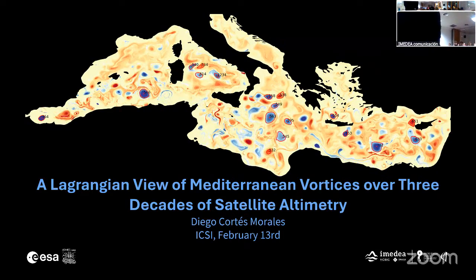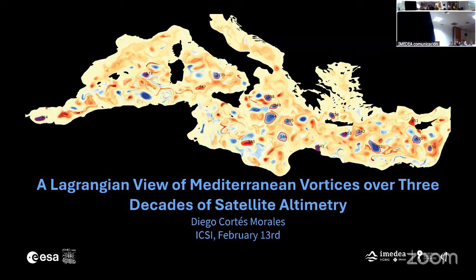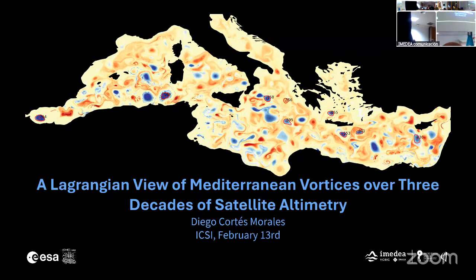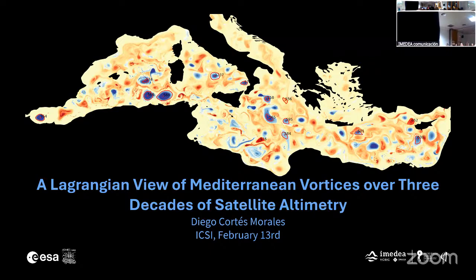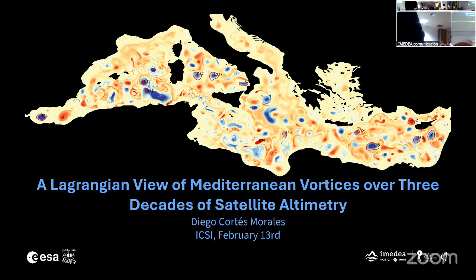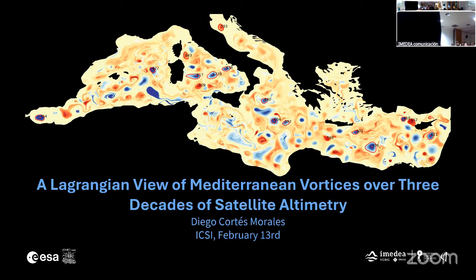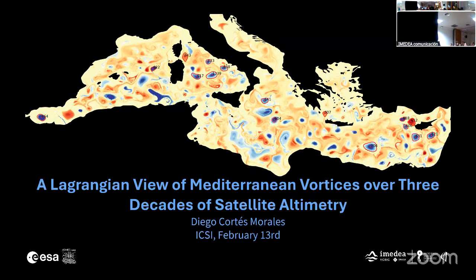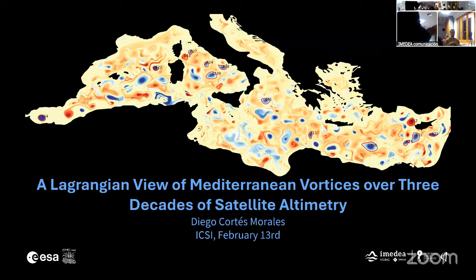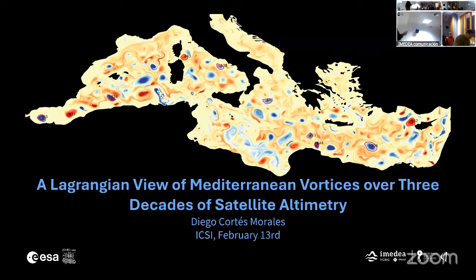Here, a little spoiler: we are going to use a Lagrangian approach to track vortices in the Mediterranean Sea across 30 years of altimetry data. But what the heck does Lagrangian mean?